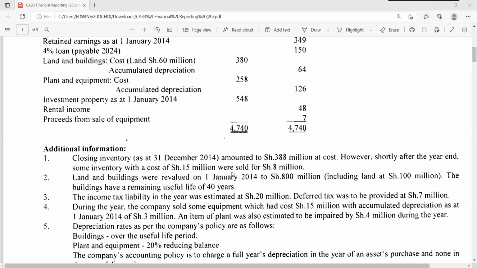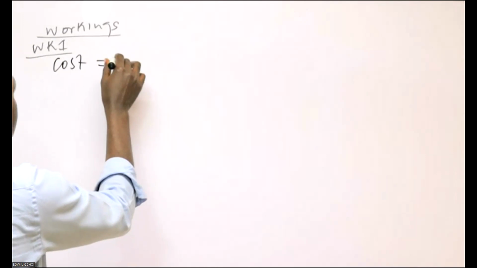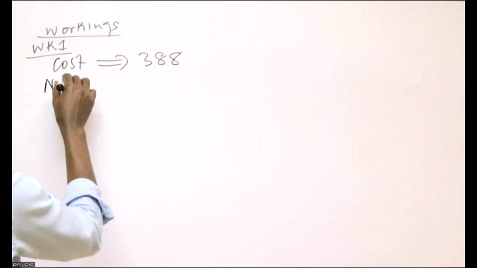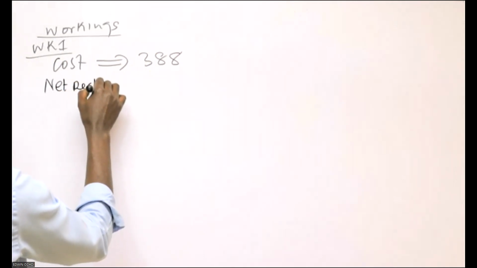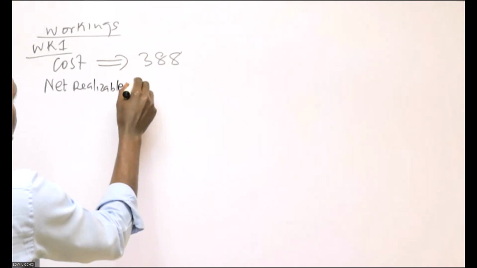So meaning that there's a disposal which was done at a loss. So here, there's a cost. So the cost is 388. So I would be looking for net realizable value from the same goods.